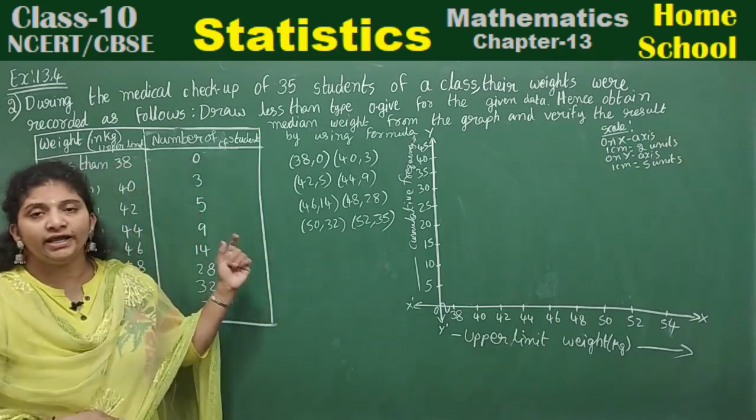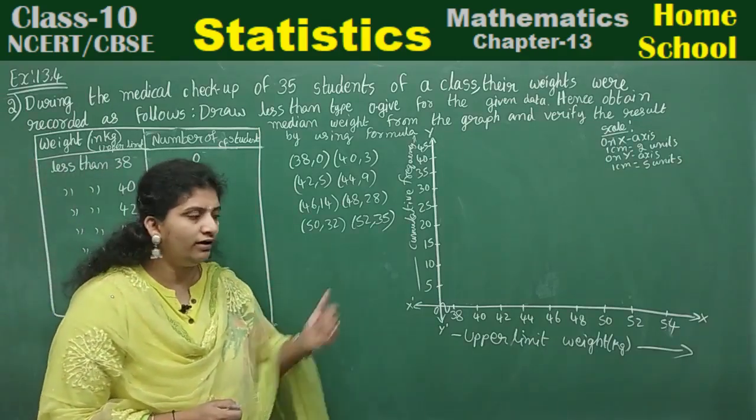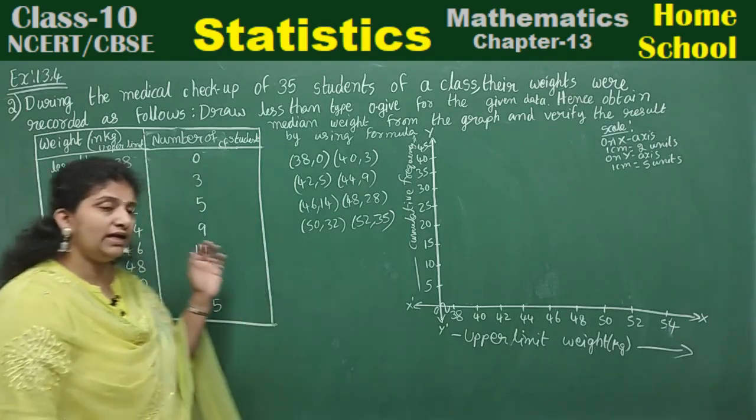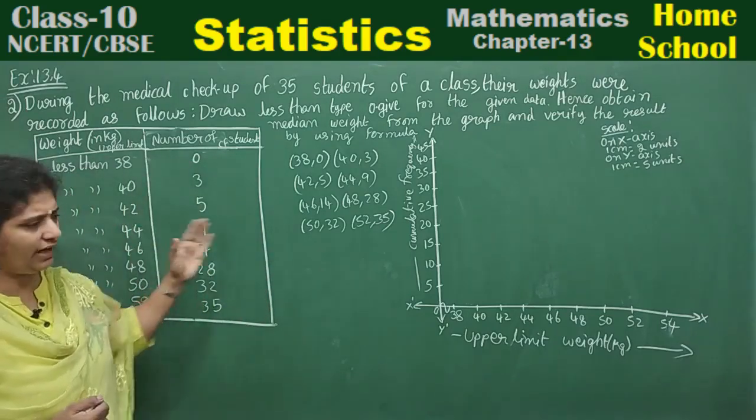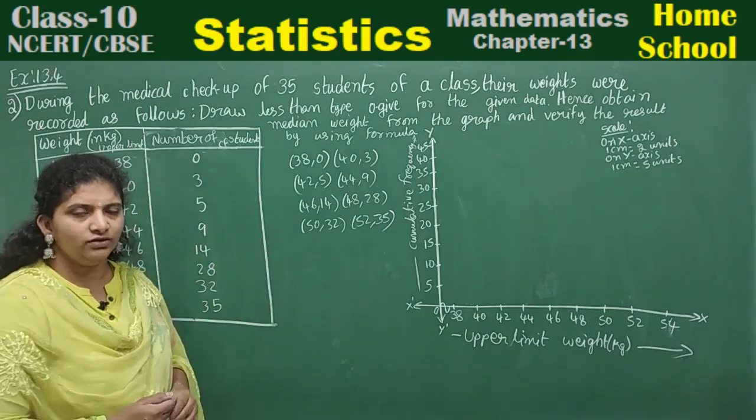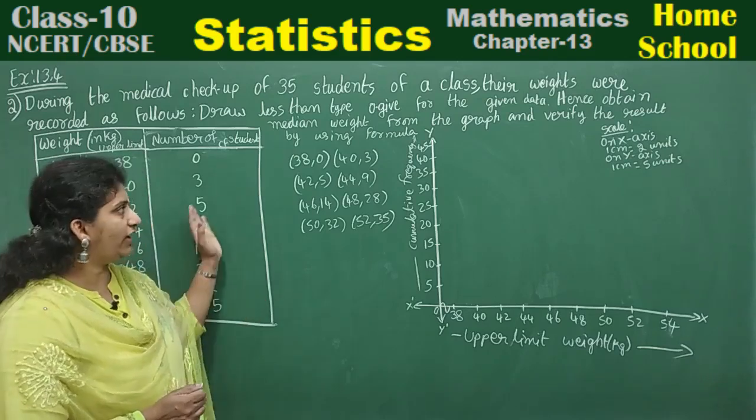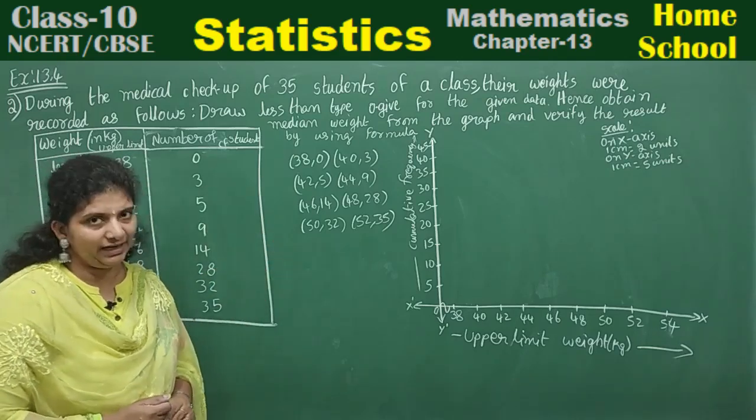See the coordinates which we need to plot on the graph. Children, if you are able to observe directly from the table, you can plot directly on graph. If you feel you can't, you can write the coordinates to plot on graph.